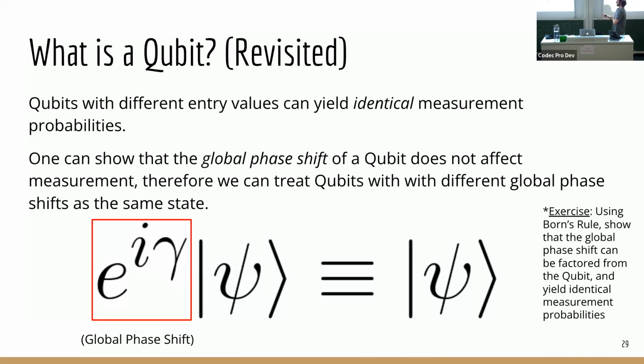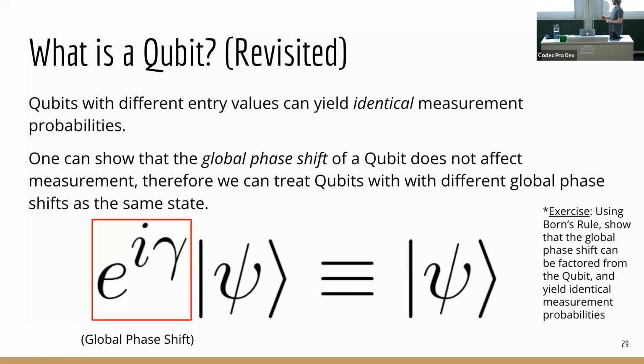What this means is that if you take any qubit and multiply it by any global phase shift, which you can write in the following form, this will not change any of the probabilities of a qubit collapsing to one state versus the other. Because we can only interact with qubits through measurement, for all practical purposes, these qubits are the same, and so we can just treat them as being equivalent.